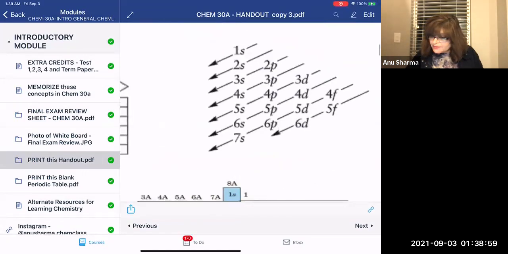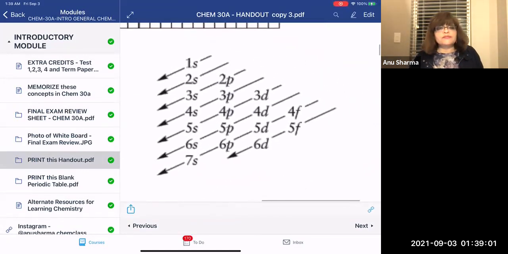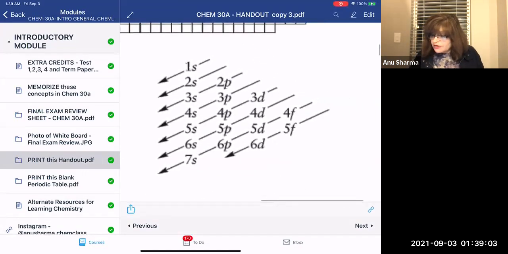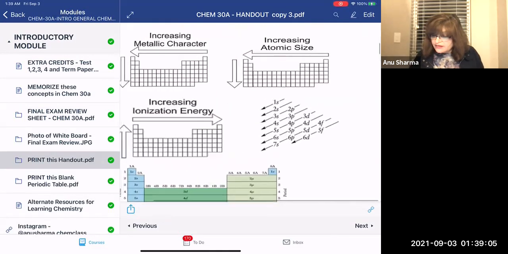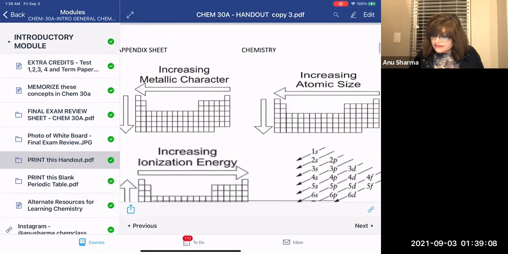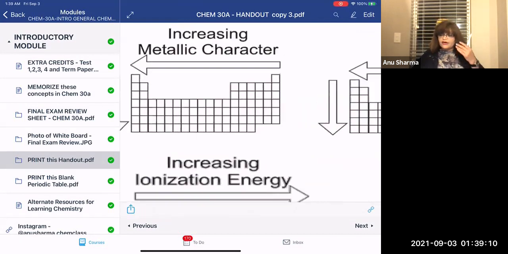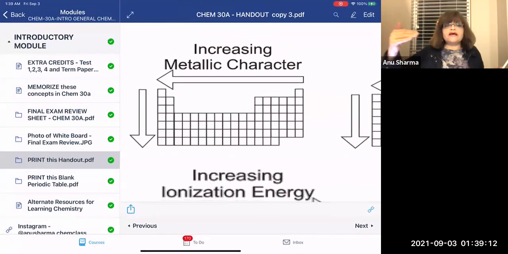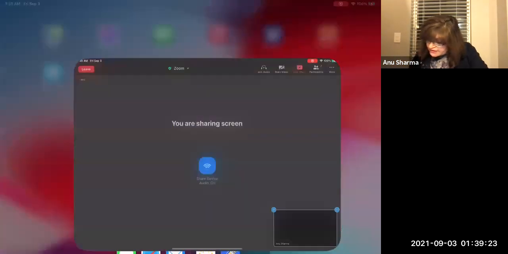So like I said, some people like to do this electronic configuration based on this type of preferences. That's fine, they can do that. Now we are looking at the trends in the periodic table. So in a periodic table, when you move from left to right, the metallic character increases. When you go from top to bottom down in the same column, the metallic character is increasing. So that's one piece. Let's write this down.